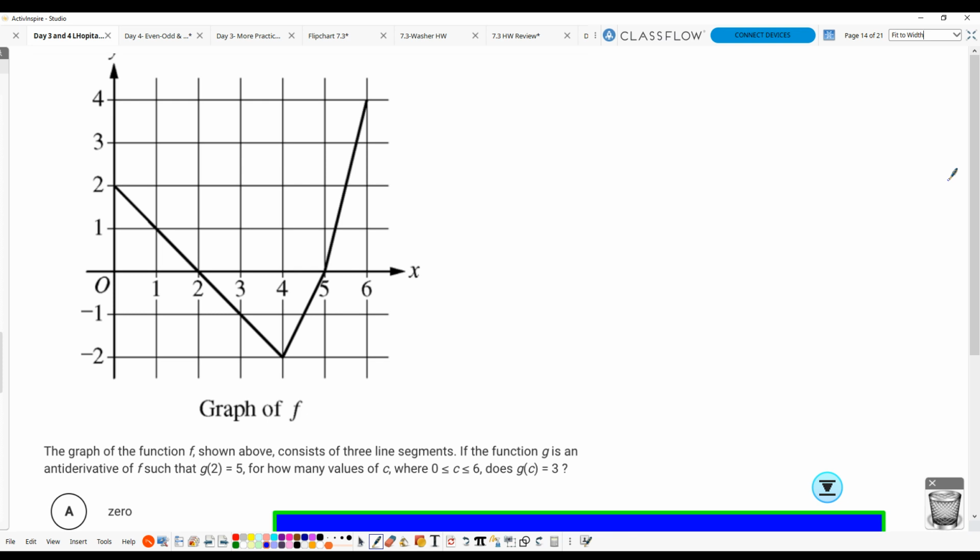All right, so here we have a graph, and it's got 3 line segments. If G is the antiderivative, Roisin, what does that mean?